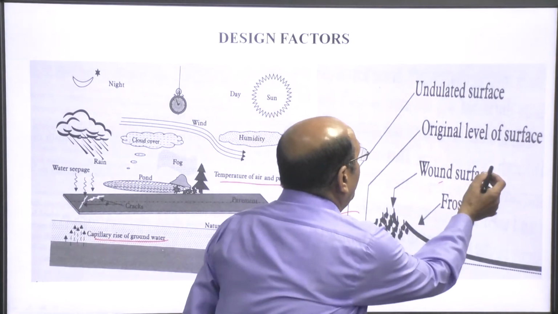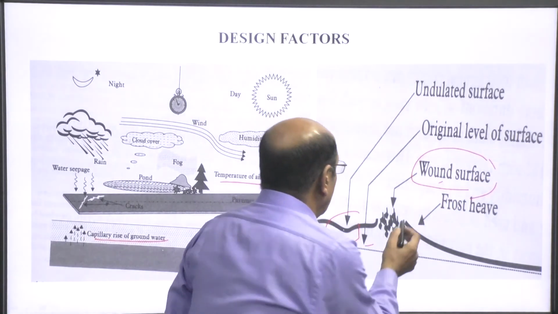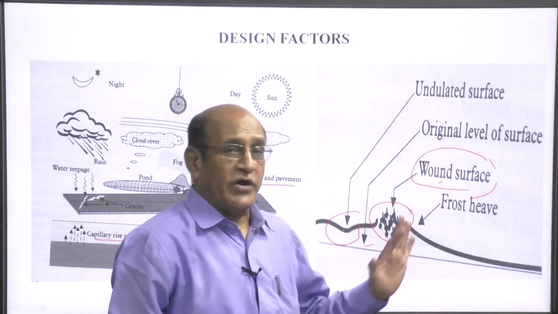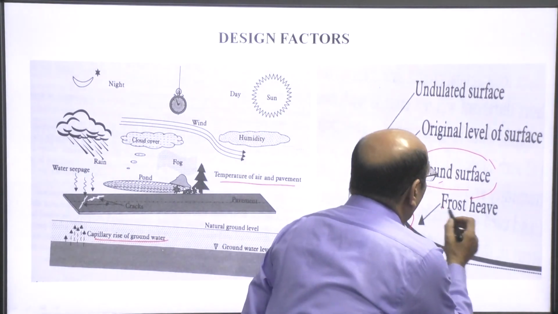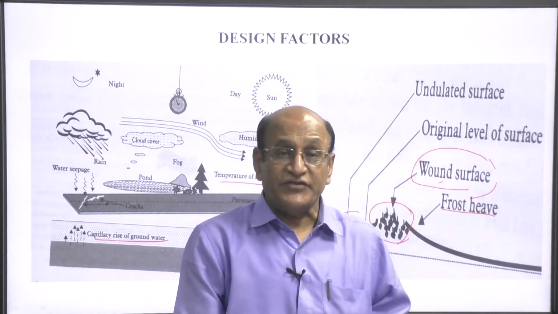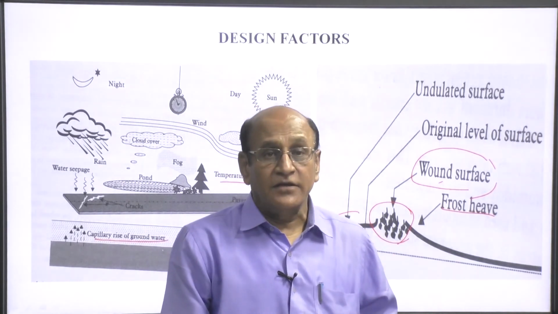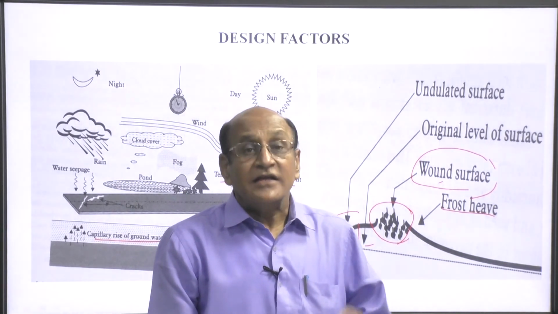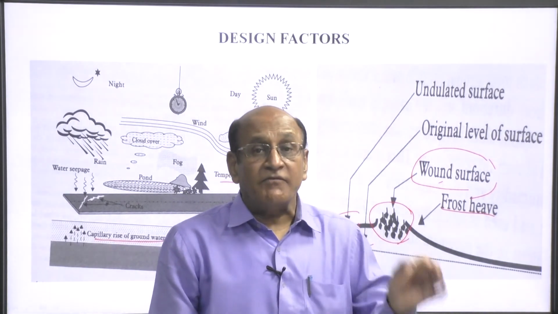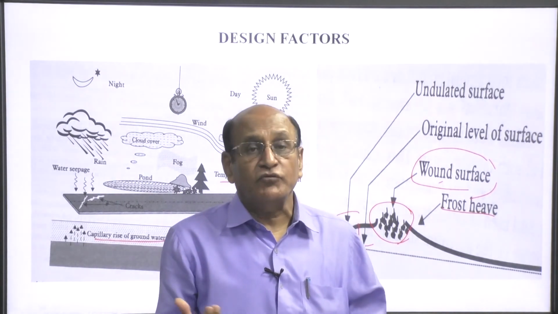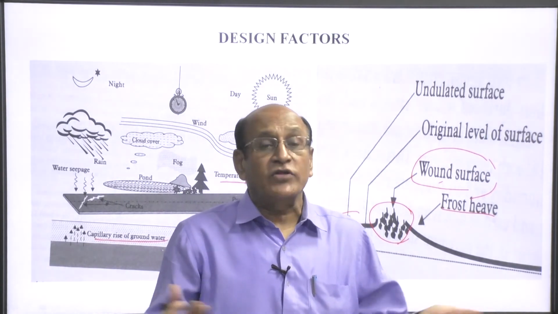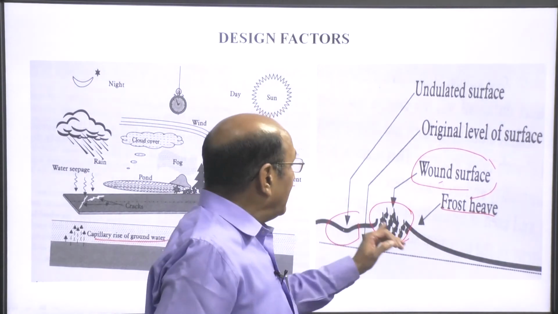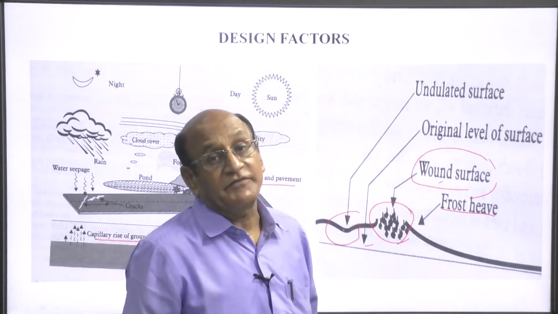Here is the wind surface, meaning this surface has been broken out, and the frost heave: if water percolates inside the pavement system by any means, and if temperature goes down beyond 0 degree centigrade, then that water will convert into ice, and we know the volume of ice is more than the water, so if the volume increases, finally that will be adjusted by breaking the surface.